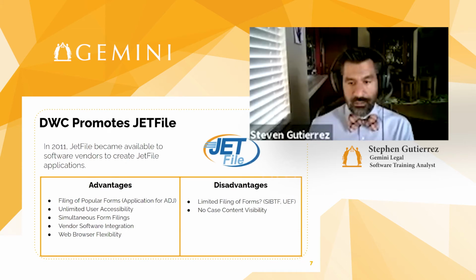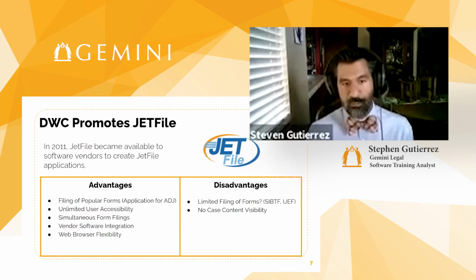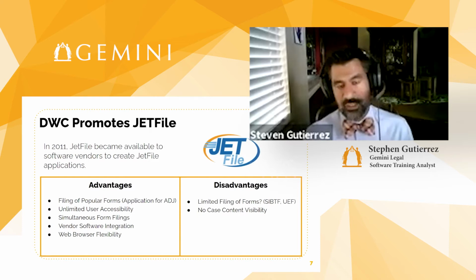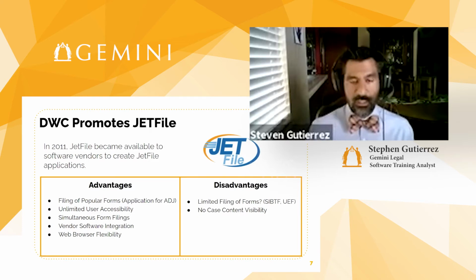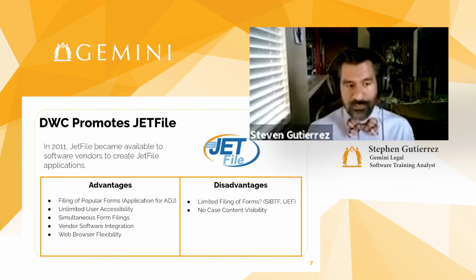It offers you a number of advantages. Example, number one, filing of popular forms like your application for ADJ, your other structured forms, unstructured forms like petitions and orders, and substitution of attorney documents, change of addresses, forms of that nature.